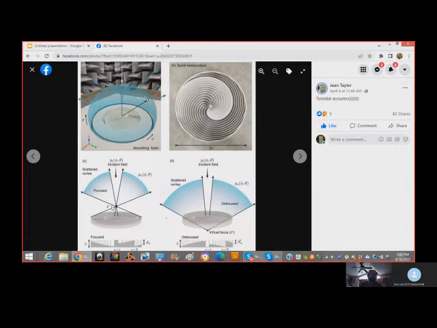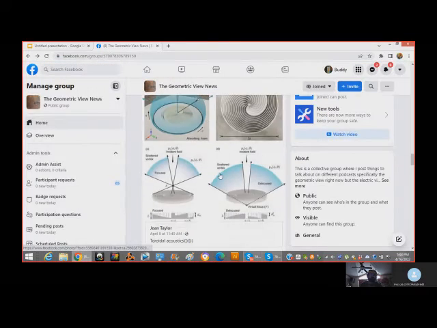But this is really cool. Focused and unfocused, and the sound, how it comes in and moves out. And here's the lenses down here. Good stuff.